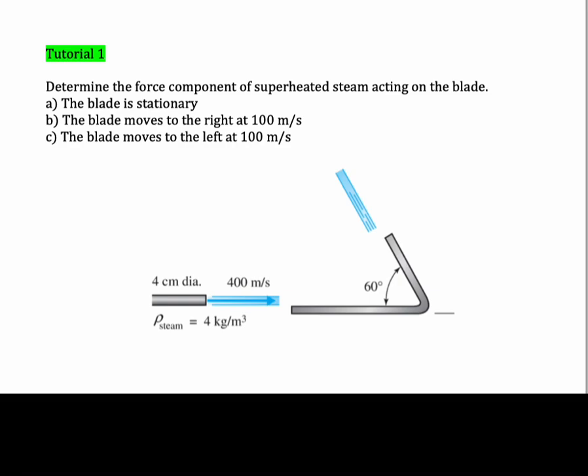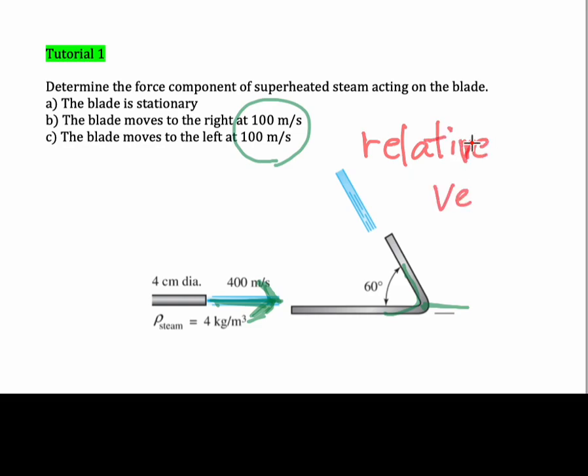For B and C here, you need to understand that we have two velocities. One is the velocity of the water jet, and the other is the velocity of the blade. So what we need to do is use the idea of relative velocity.